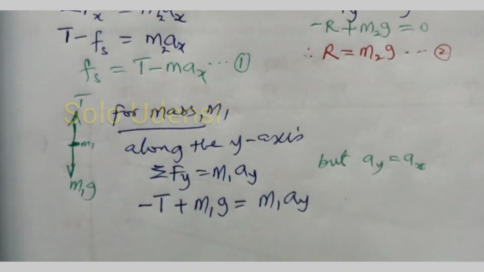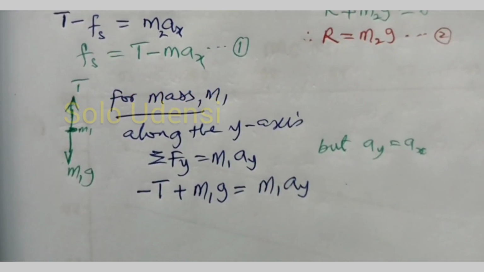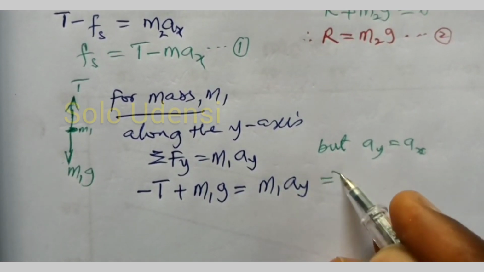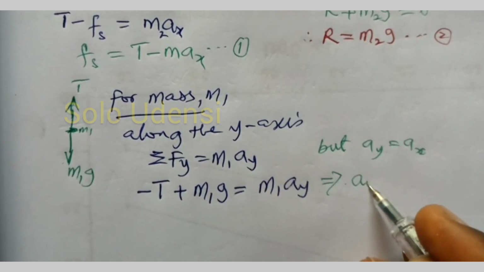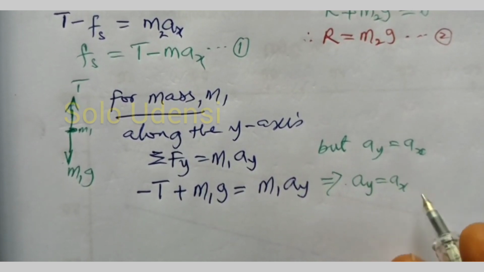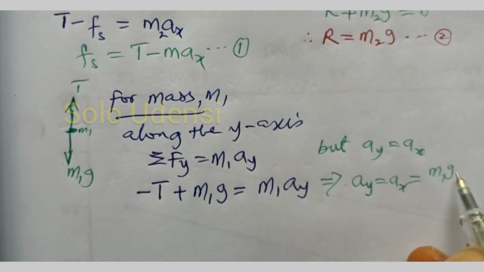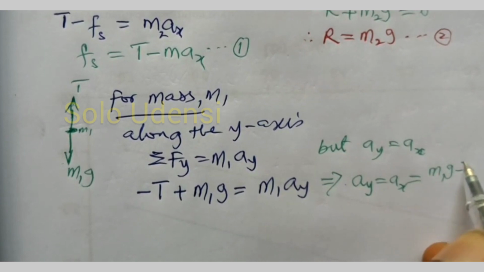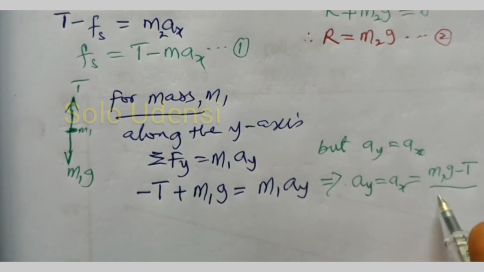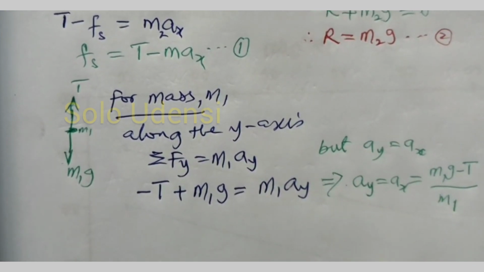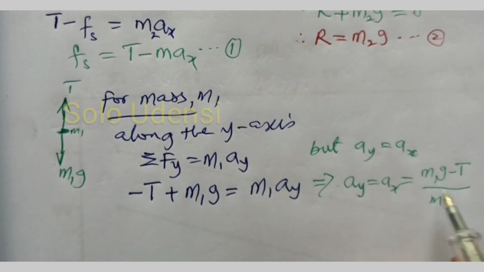So ax is equal to ay, which implies that ay, which is equal to ax, is equal to m1g minus T all over m1. Call it equation 3.